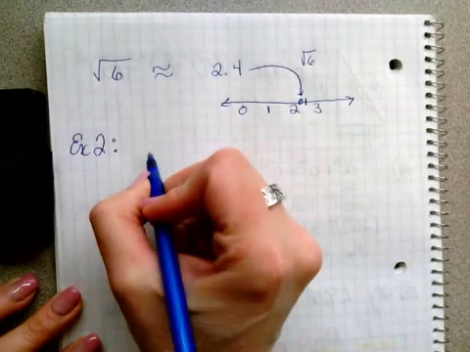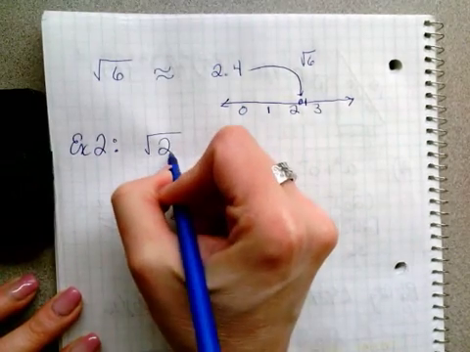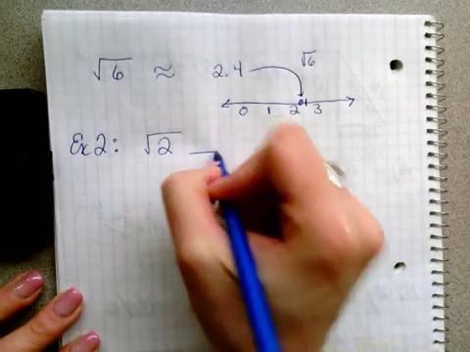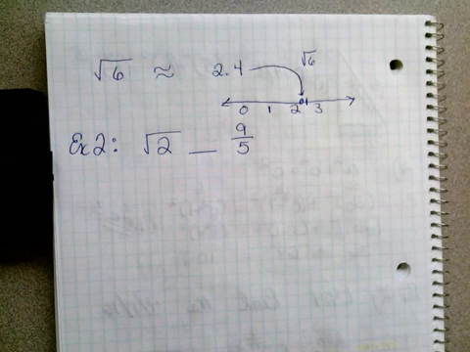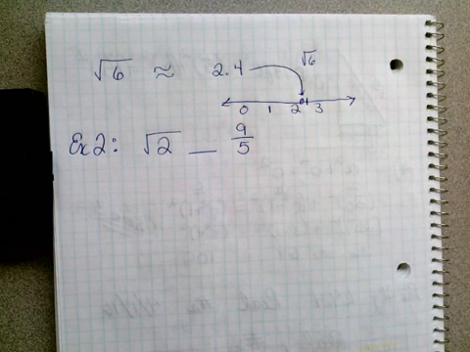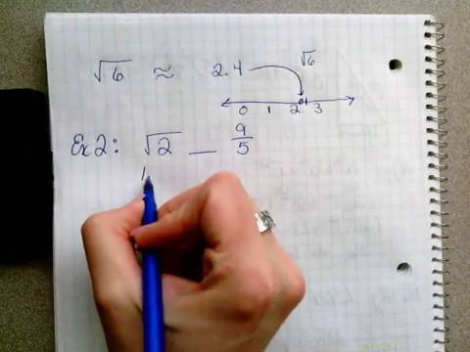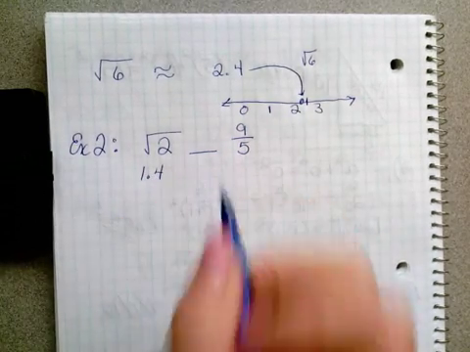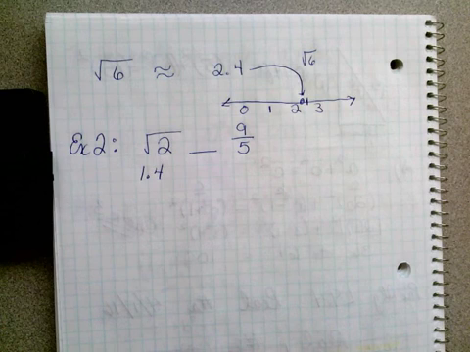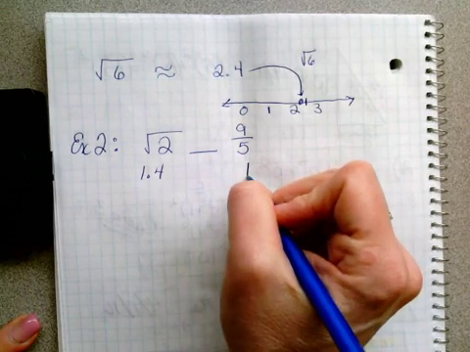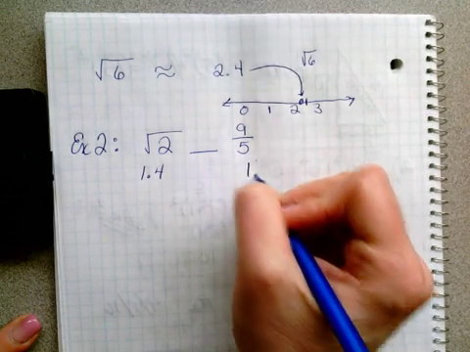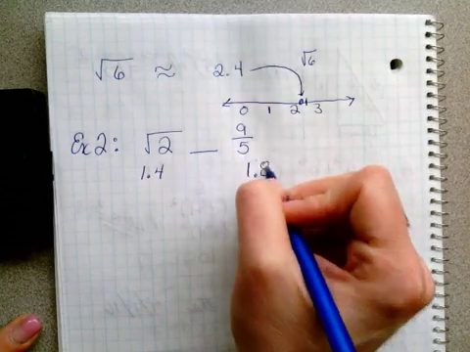Example 2. So now we're going to compare using greater than, less than, or equal to. Okay, square root of 2. Anybody want to plug that in and give me some numbers for that? Give me a to the 10th. 1.4? Yep. And 9/5, let's face it, is 1 and 4/5. Which is 1.8, right?